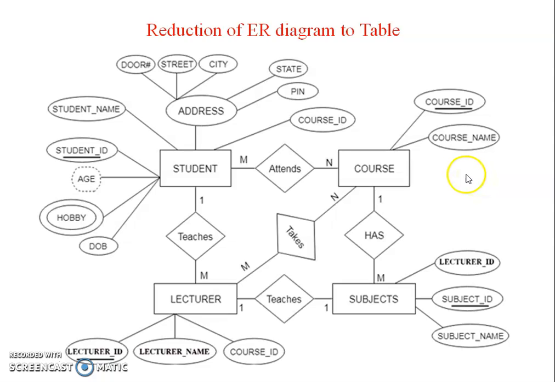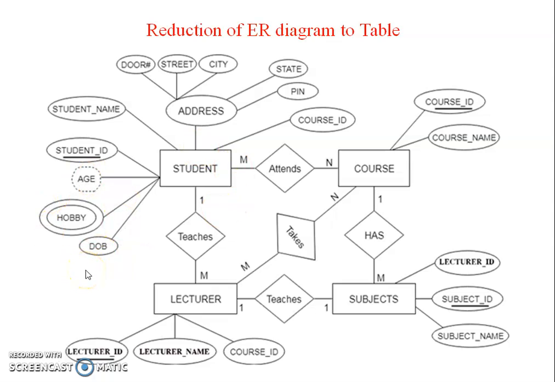Now the next one is a key attribute of the entity type represents a primary key. In the given ER diagram, course ID, student ID, subject ID and lecture ID are the key attributes of the entities.